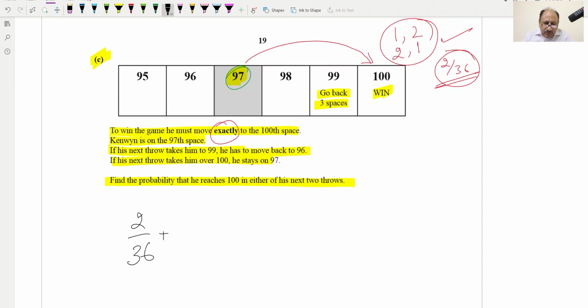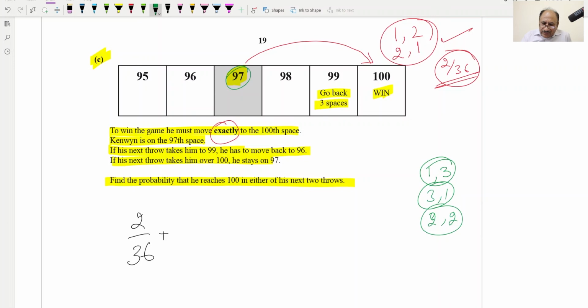The other option is that he can have, if I change color, 1 and 3, 1 and 3. This is the probability which will be going beyond 100. So it can be 1 3 and 3 1 and 2 and 2. So this will be giving 4.